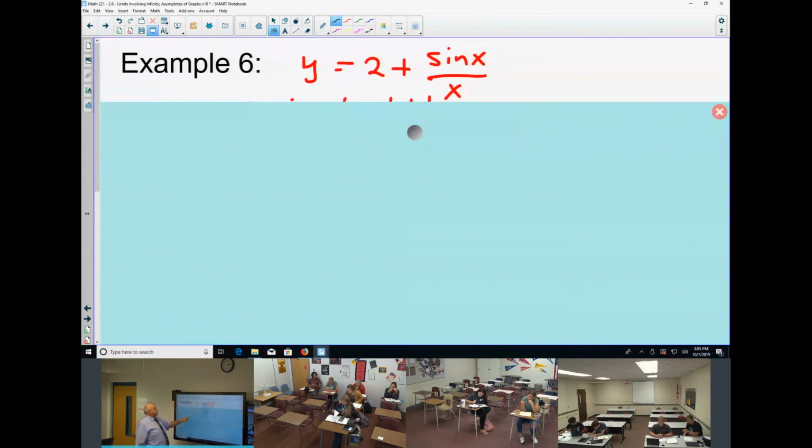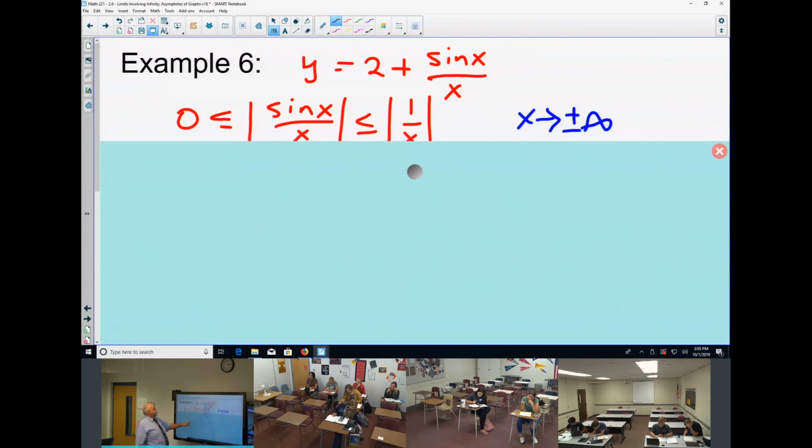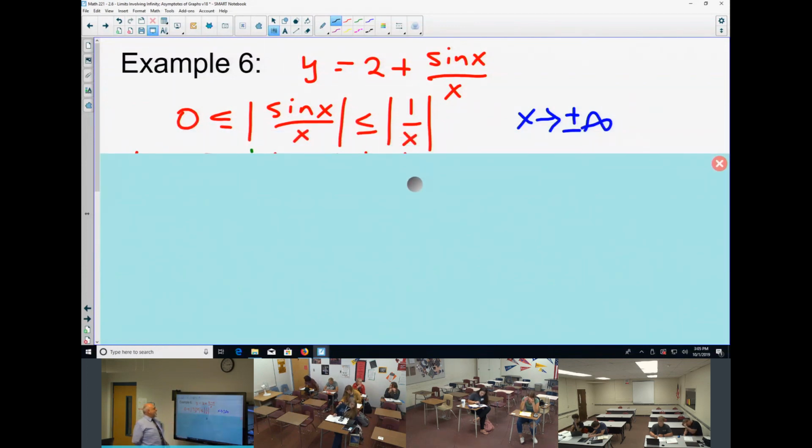All right. So let's say that I want to find the limit of 2 plus sine x over x as x approaches infinity or negative infinity. Okay? So I know that the sine is between -1 and 1. So that means that sine x over x is going to be between -1 over x and 1 over x.